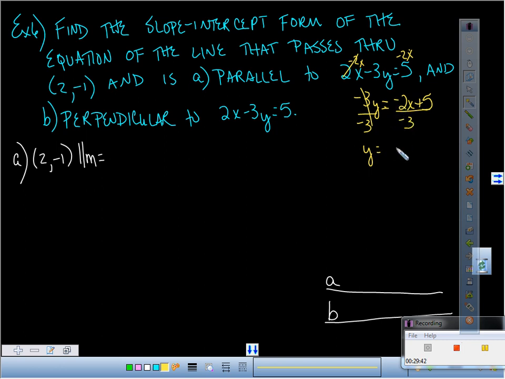So -2 divided by -3 is positive 2/3 x. Positive 5 divided by -3 is negative 5/3. And y'all really, if I were doing a test, I wouldn't even do that part because I don't need that answer. Okay? This is all I need. What's the slope of this line? 2/3. So if the slope of this line is 2/3, what's a parallel slope? 2/3.